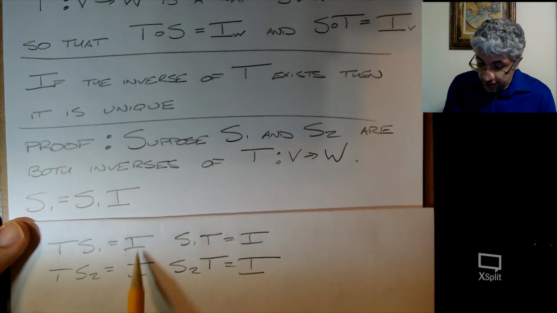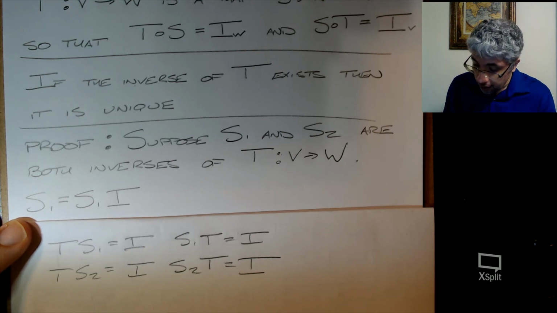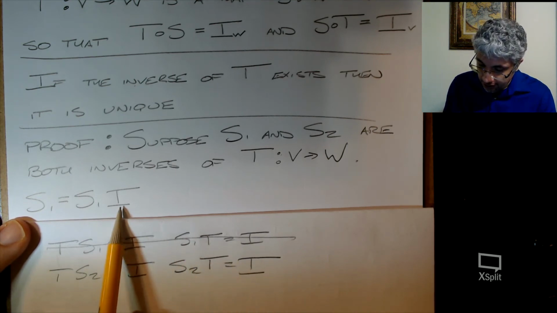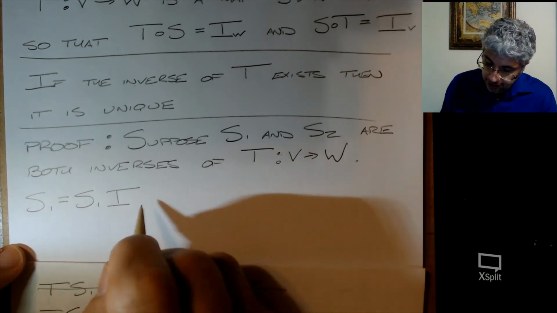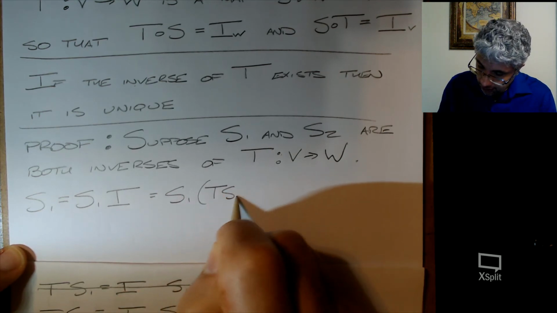So which one of these should I plug in? Let's think about it. I would like to get an S2 somehow, because I want to get S1 equals S2, so that rules those out. So I could either turn this I into an S2 T or a T S2. And I think I like that one better: S1 T S2.